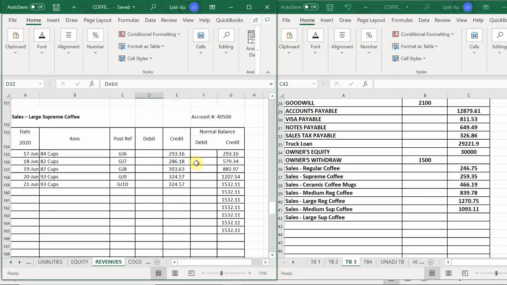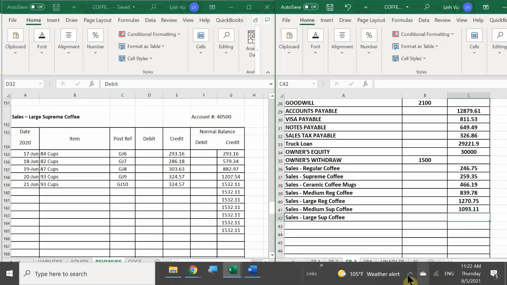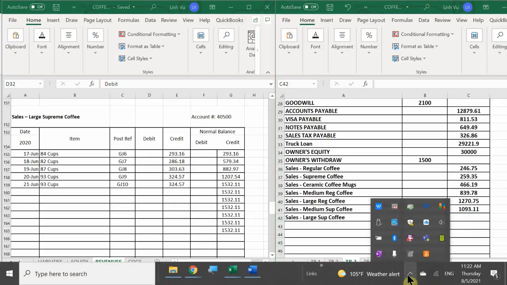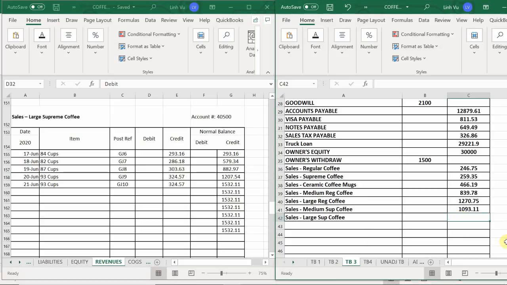And then last but not least, my sales for the large supreme coffee. $1,532.11. Good. So far, so good.